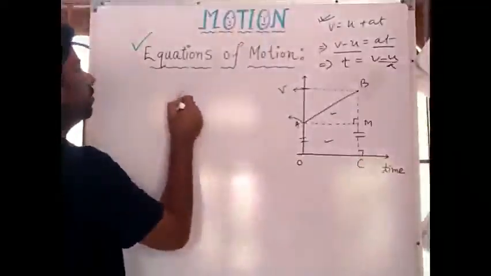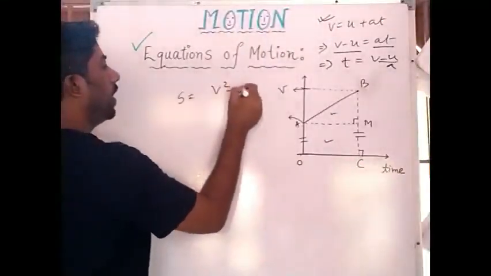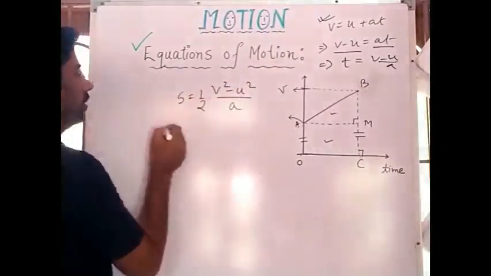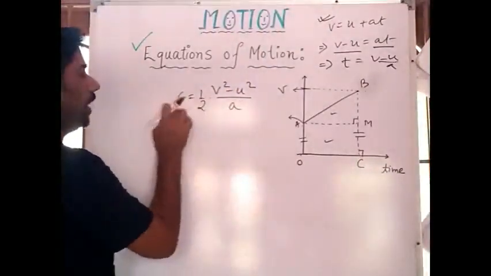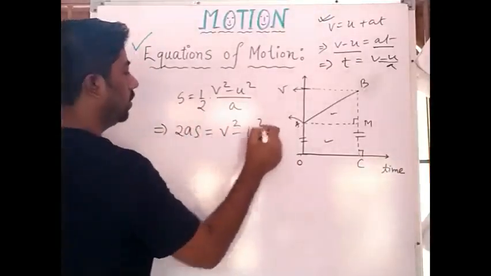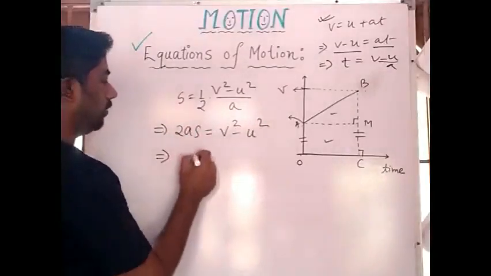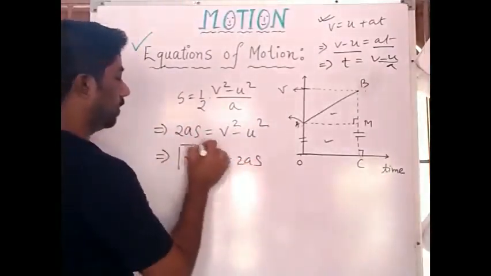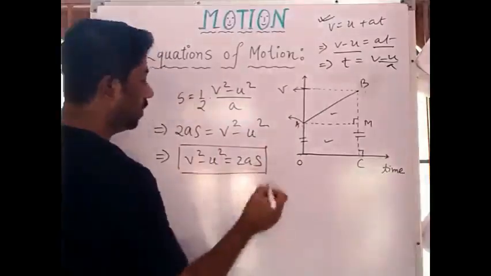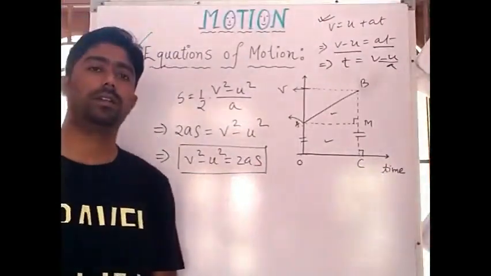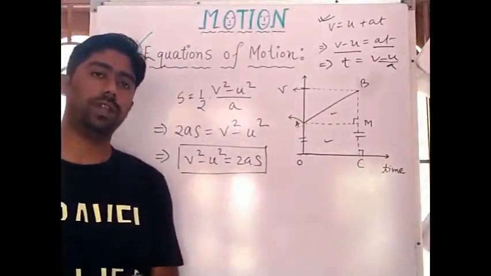So s is equal to v square minus u square divided by, there was a half here, a. So reshuffle it, bring the a to this side, we will get twice as is equal to v square minus u square. So from here we are getting v square minus u square is equal to twice as. So this is the third equation of motion.